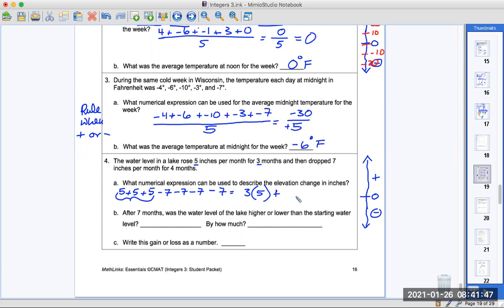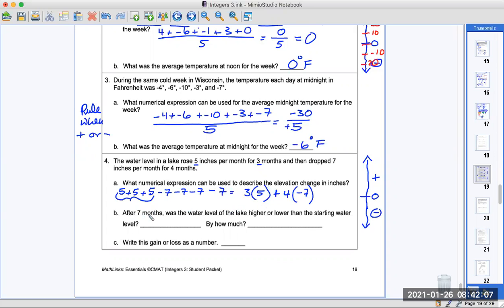Plus, yeah. And now what? How many 7s do we have? How many negative 7s? 4 of them, right? So multiplication is the same as the repeated addition or subtraction. So this would be a better, shorter representation.